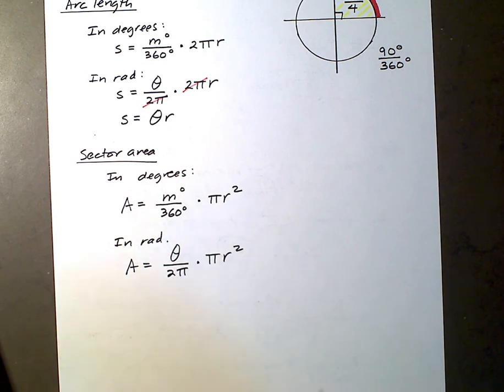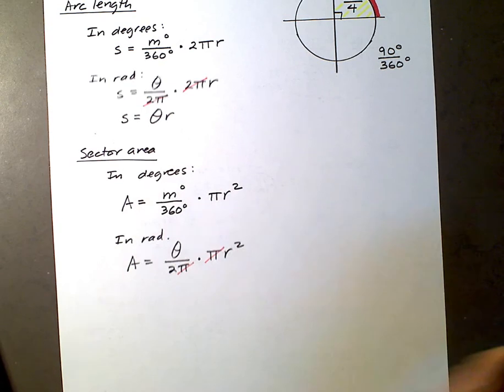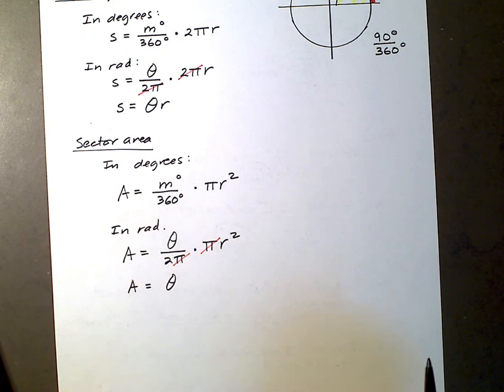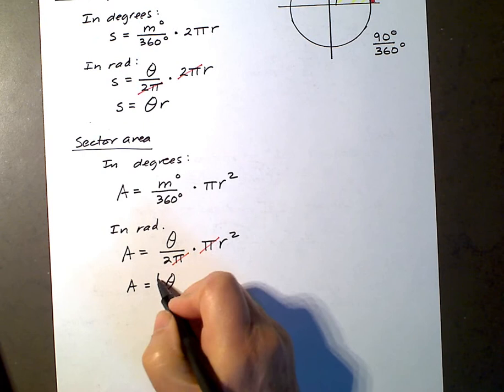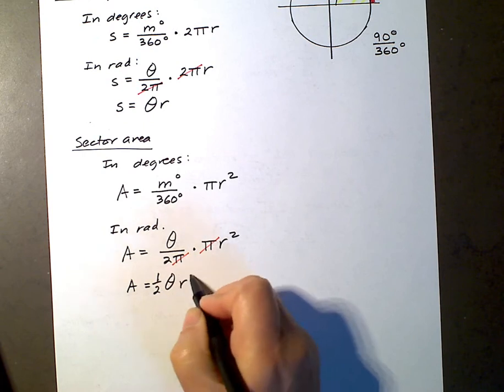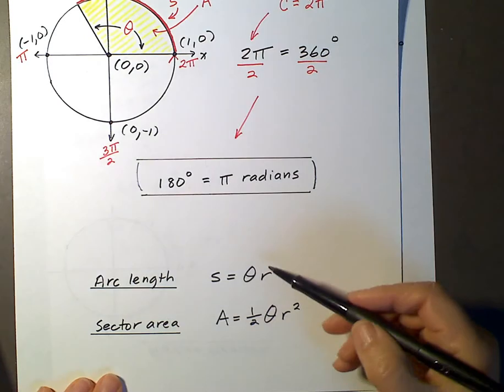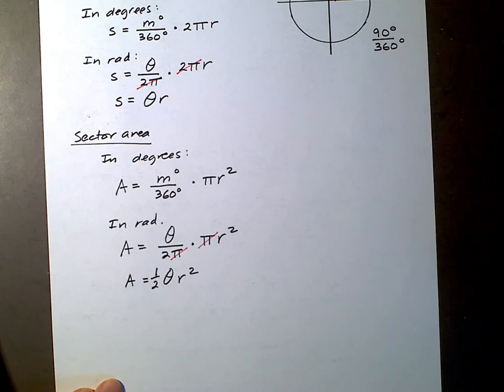The pi's would cancel, reducing to the formula that the area is 1/2 of the central angle in radians times r squared. So that is where we get these two formulas, and you'll need to know those, and they're pretty easy to use.